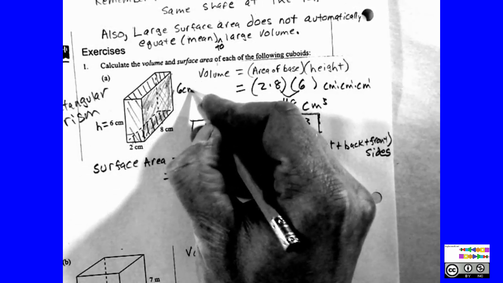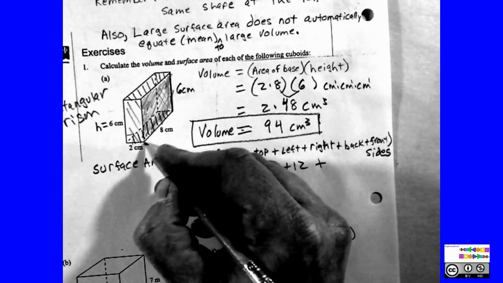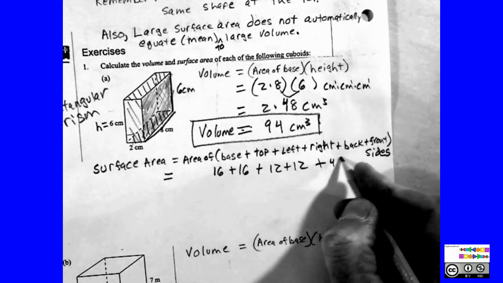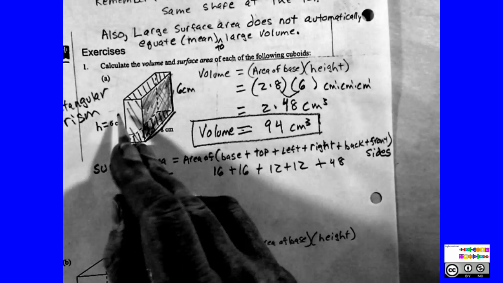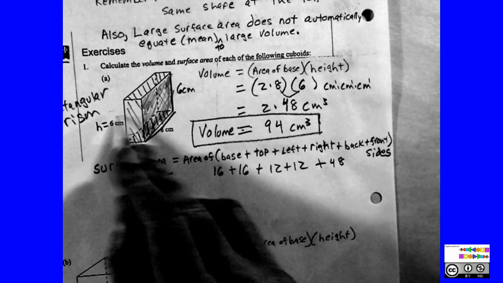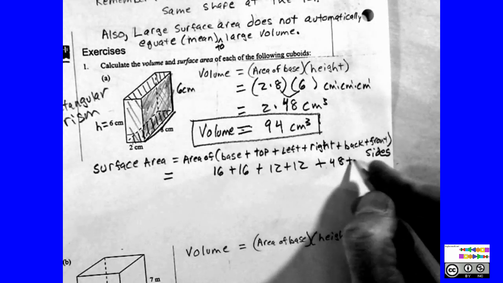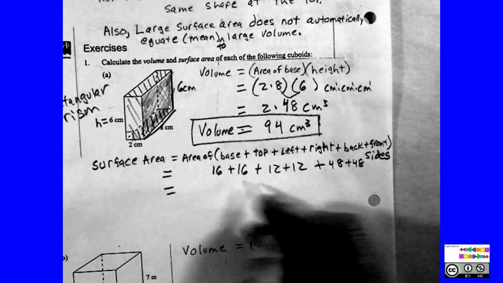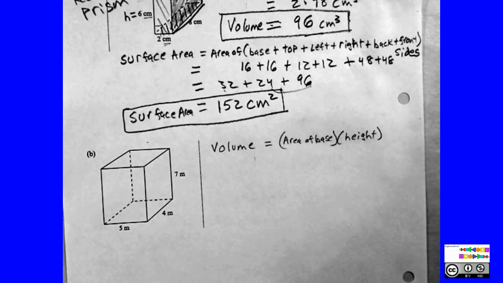That's 6 centimeters here. 6 times 8 is 48. And again, the front and the back are the same, so I said 48. I just need to add all these together.